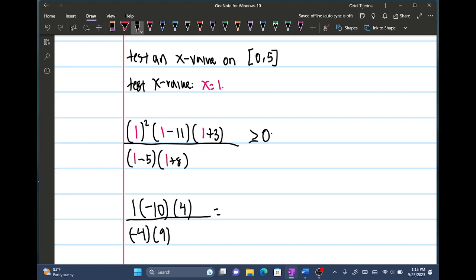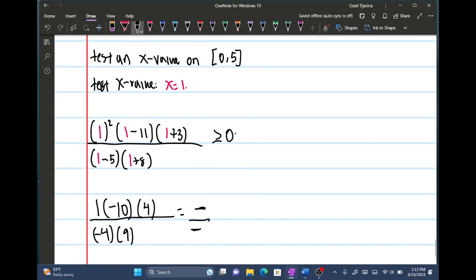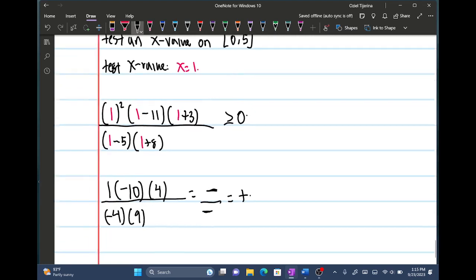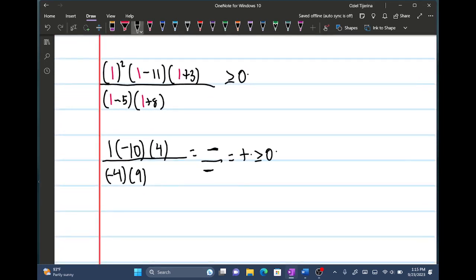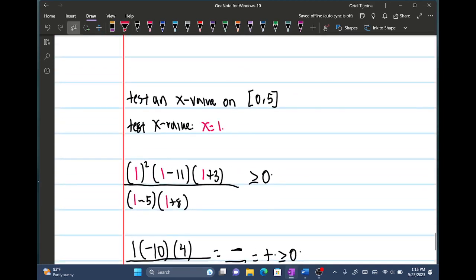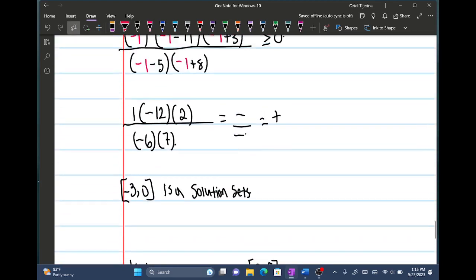So we have a negative. Obviously this one will be negative. And then we have a negative over here as well, which we know makes a positive. So it's going to be greater than or equal to 0. So we know that this checks out because it's greater than or equal to 0. Now we know that the interval 0 to 5 checks out.